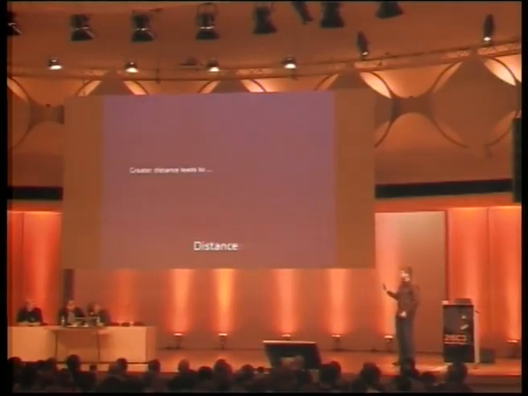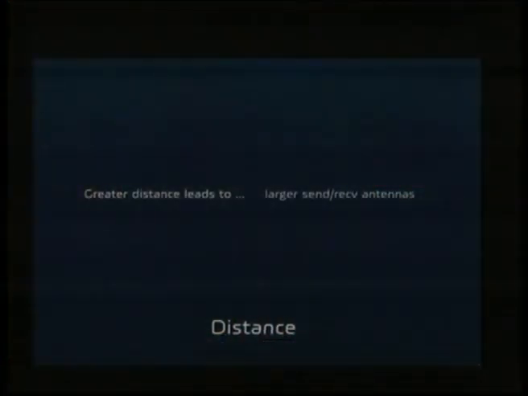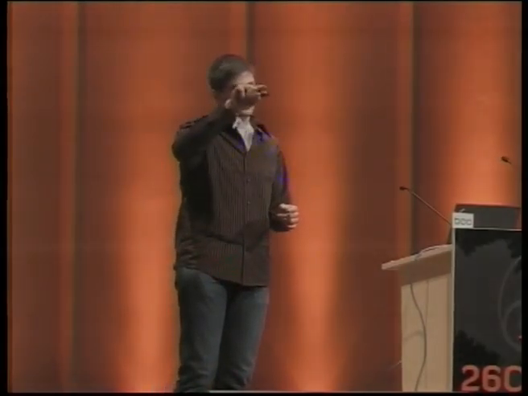Yeah, okay. Greater distance between 2 objects always leads to the fact that you need larger sending and receiving antennas. The interesting part of that is, not everyone thinks about antennas like the Very Large Array in New Mexico. We have these very big high gain antennas, 30 meters in diameter and 15 pieces of them arranged like an X in the middle of the desert. So these are big antennas.